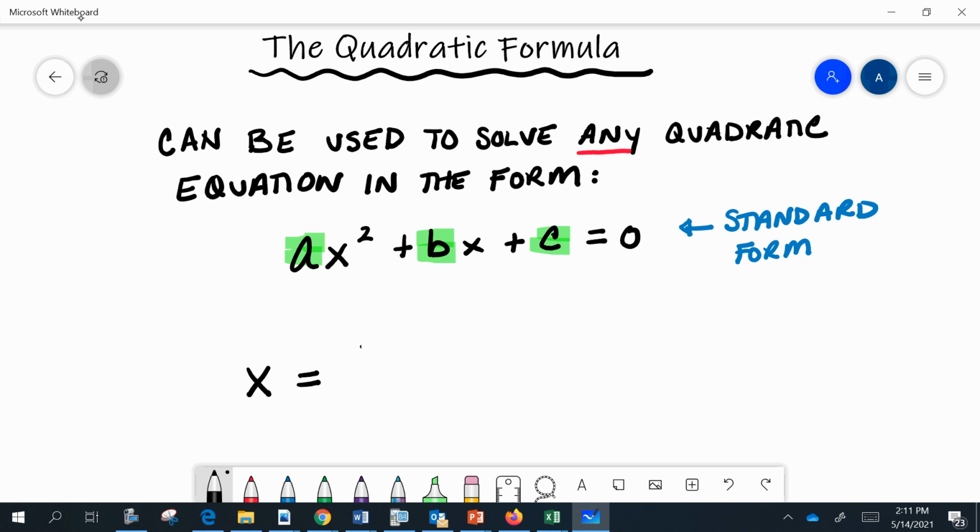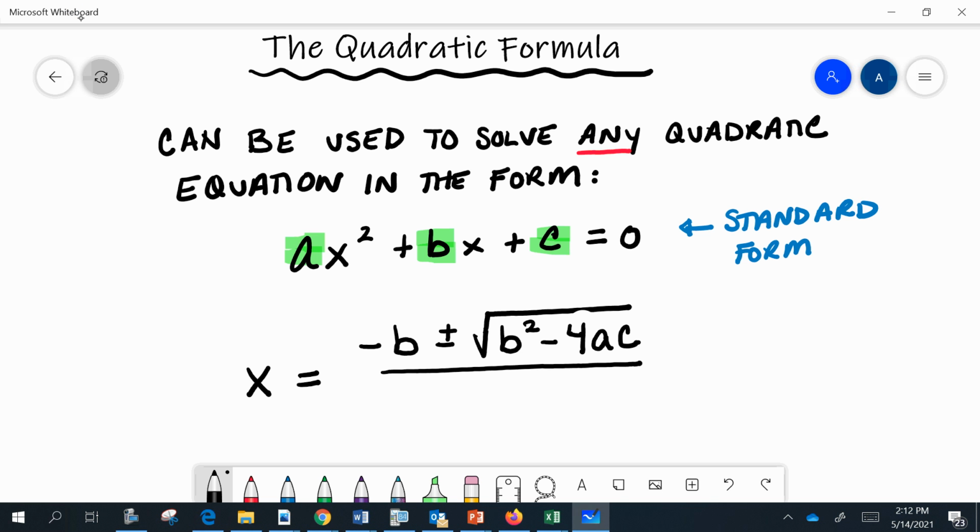We take the opposite of the b term, okay? It looks like negative b, but I say opposite of b, plus or minus the square root of b squared minus 4 times the a term and times the c term, all divided by 2 times the a value.